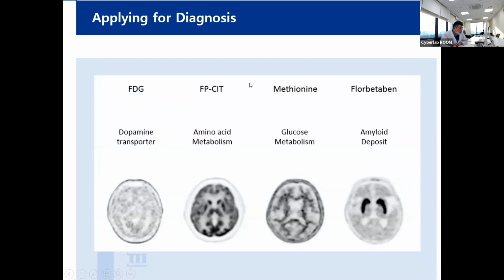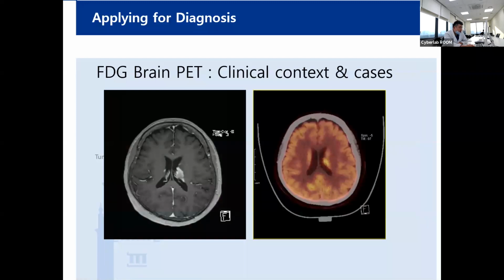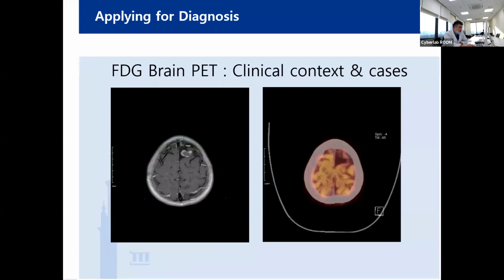FDG images, FBCIT. These images are the brain images. Methionine, florbetaben. This is FDG brain PET cases. Fusion images. This one is the infection, of brain, maybe cancer.